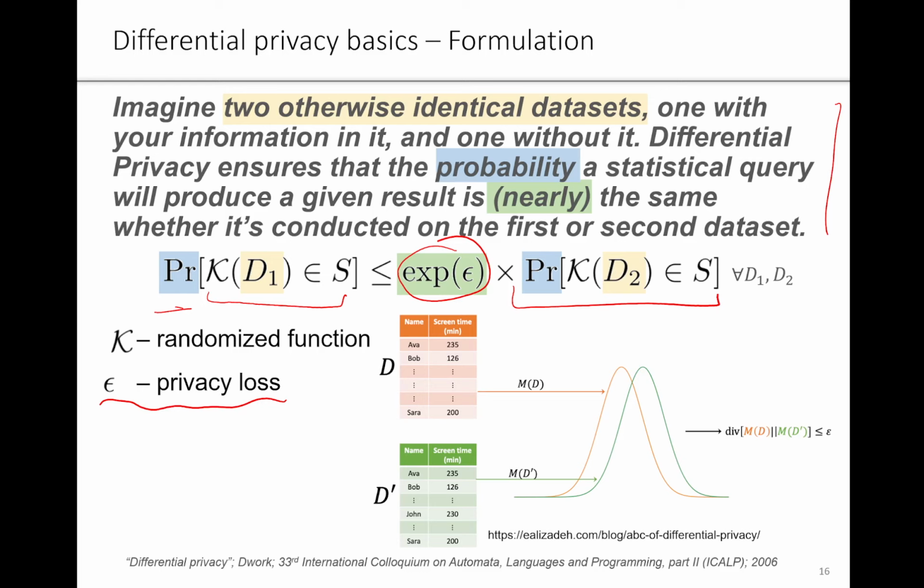And how can you imagine it? If you have different data sets, and this one contains the information of John, then the difference between both of them, how they are diverging, should be smaller than this epsilon, which is our parameter for privacy loss. So you can basically tune how much.